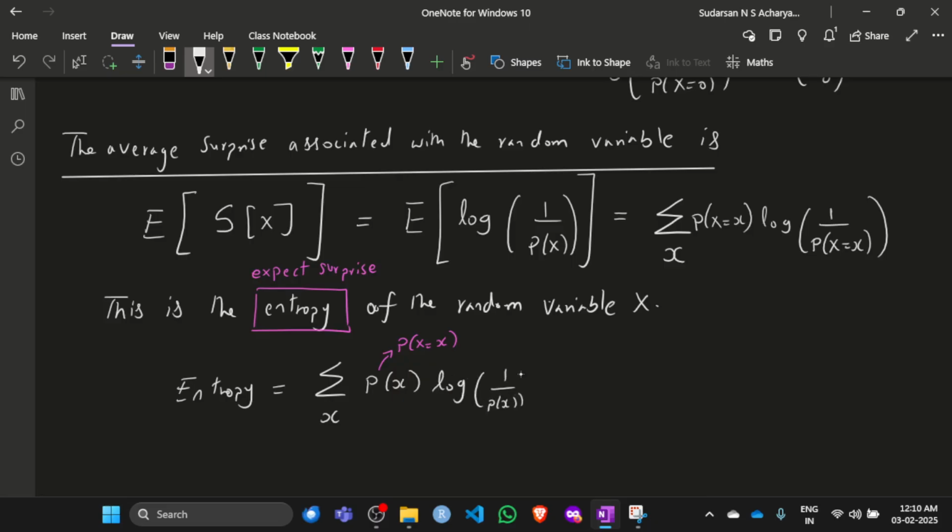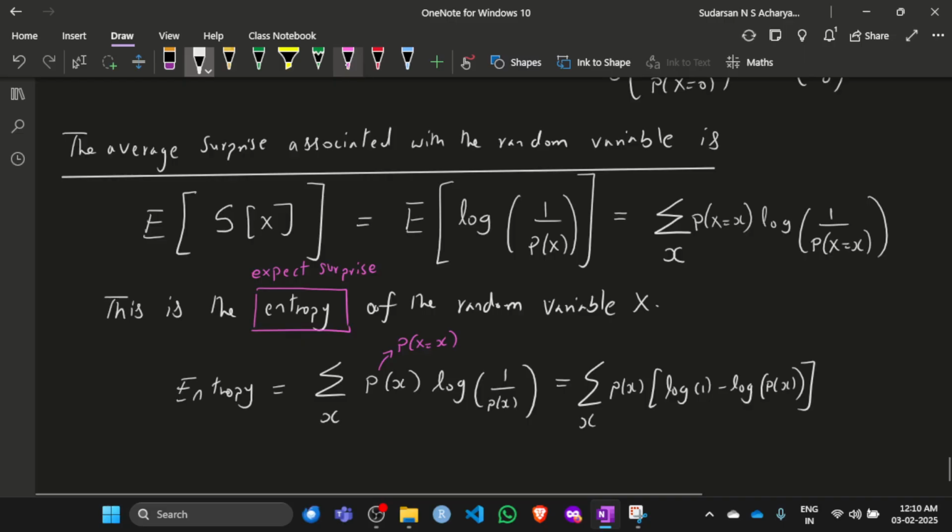The P of x has the same meaning here again. And now we use the property of the logarithm that log of 1 over P of x is simply log of 1 minus log of P of x. And as we all know, log of 1 is equal to 0. So this is how you would usually see the definition of the entropy associated with a random variable, right?